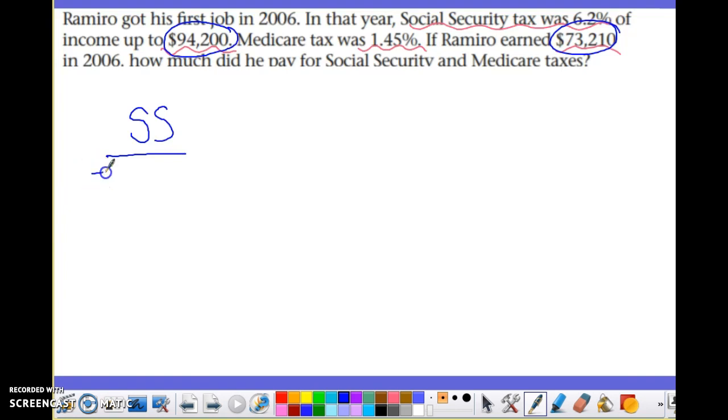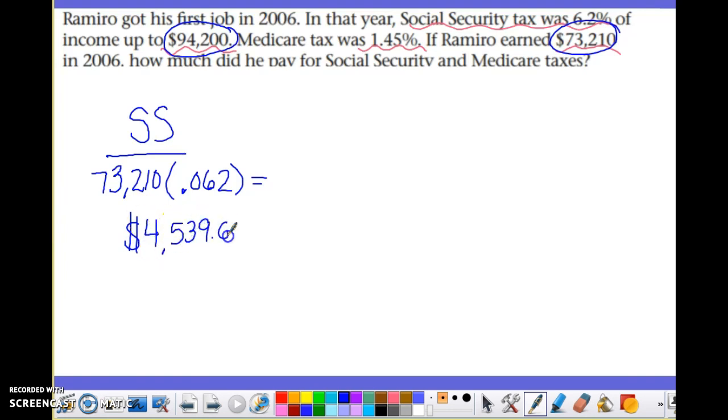So we're going to take that $73,210 and multiply by 0.062, 6.2%. That tells me throughout the year that Ramiro is going to be paying $4,539.02 towards Social Security taxes.